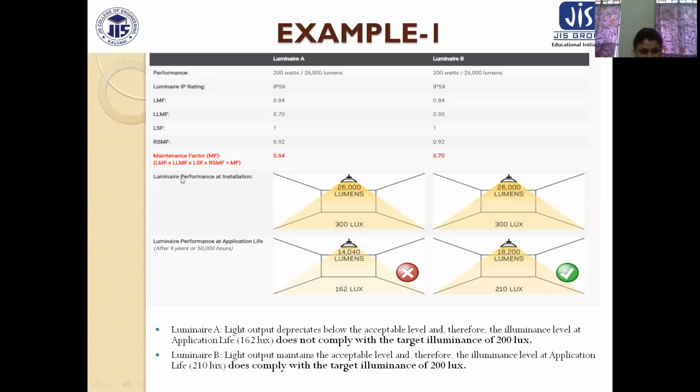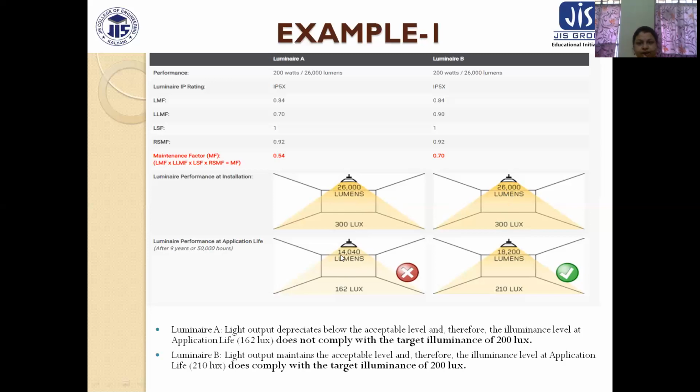So, luminaire performance at installation: for luminaire A, the luminous flux is 26,000 lumens and the illumination level is 300 lux. Similarly for luminaire B, the luminous flux is the same, 26,000 lumens, and illumination is 300 lux.